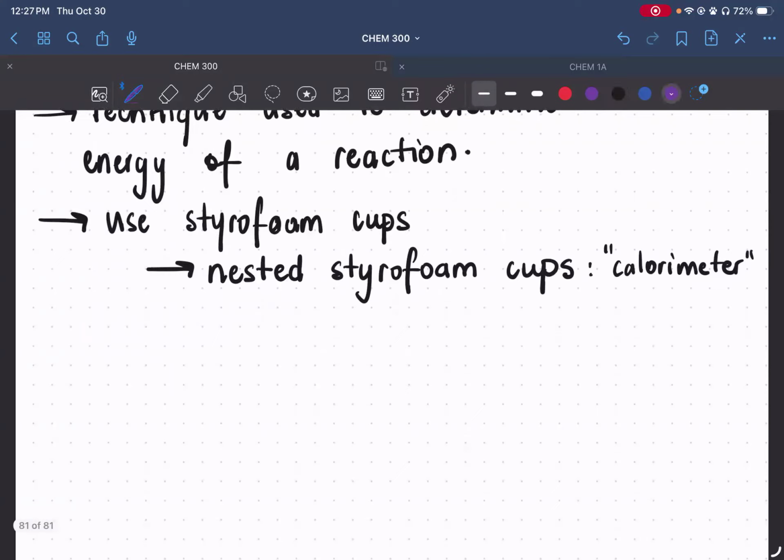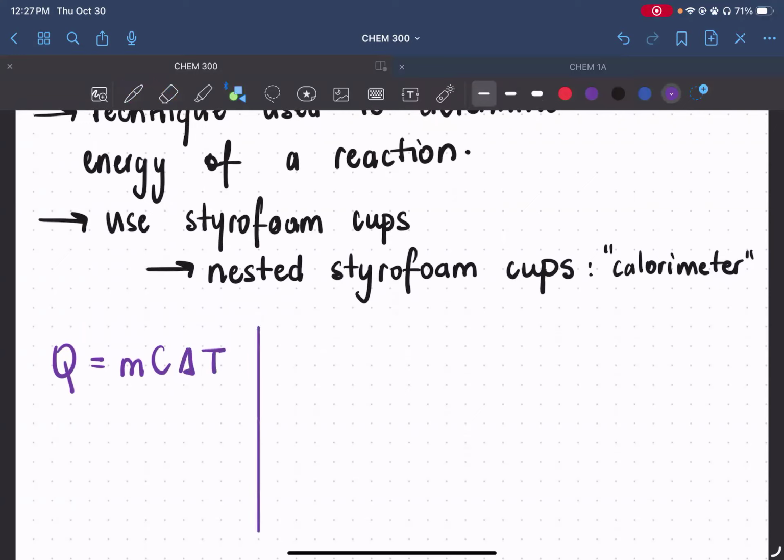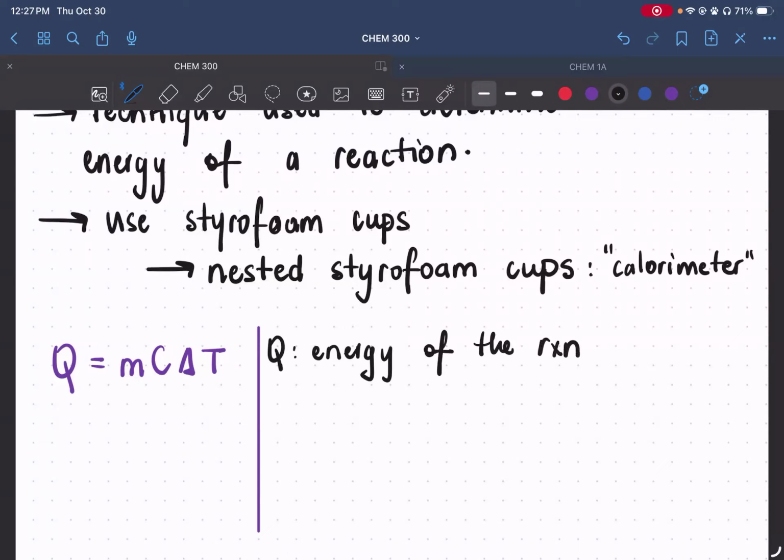With this technique comes a new formula, Q equals MC delta T. With a new equation comes new terms. Q is described as the energy of the reaction, aka measured by the calorimeter.